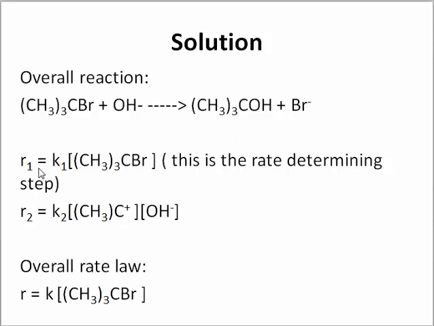The rate determining step is the first step, the slow step, and that depends only on the concentration of (CH3)3CBr to first order. Rate law for the second step is the concentration of the cation times the concentration of hydroxide anion. Since the first step is rate determining, once again, the rate law for the first step is the overall rate law for the reaction. And we have a first order reaction in one of the reactants.